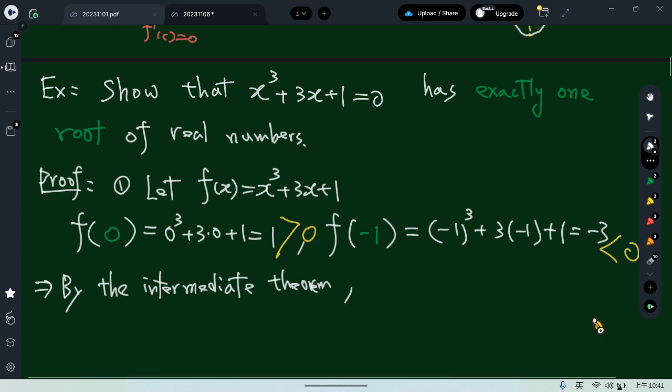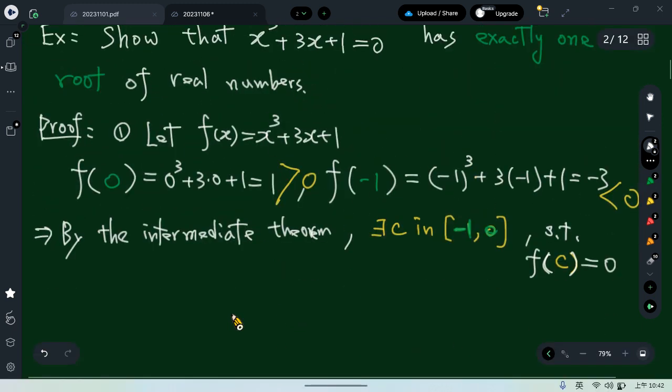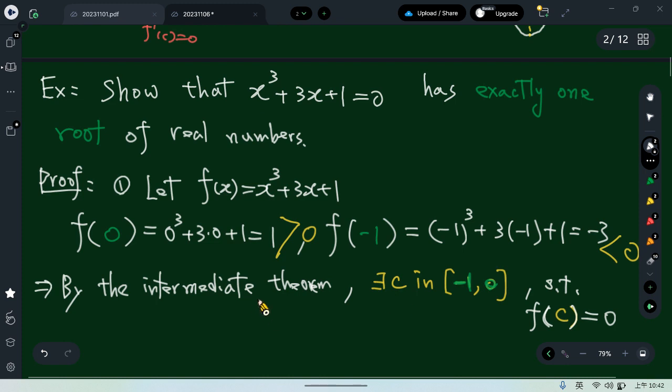Then we can say we can find a c in minus 1 and 0 so that f of c must be 0. So at that time, we just proved that there is at least one root between minus 1 and 0, right?